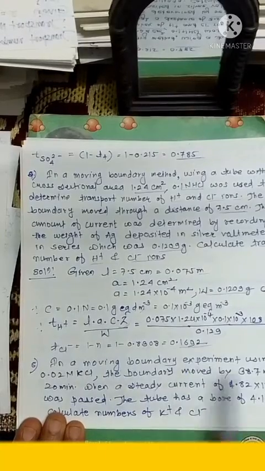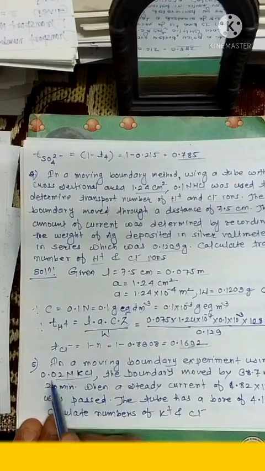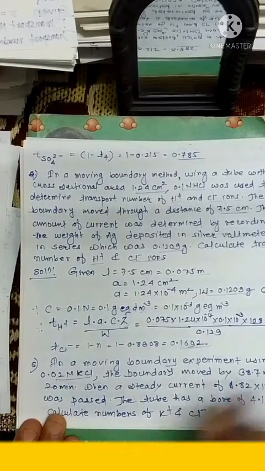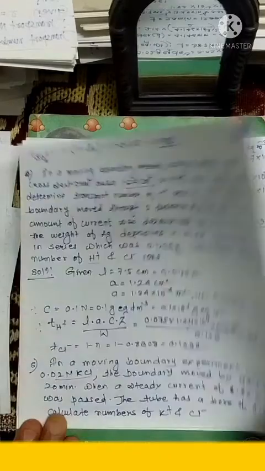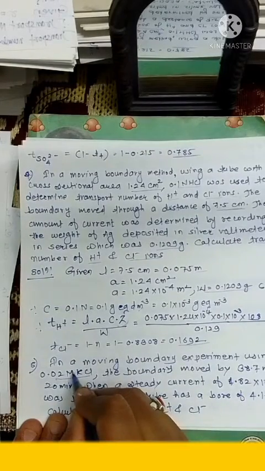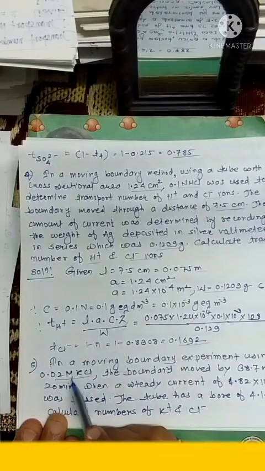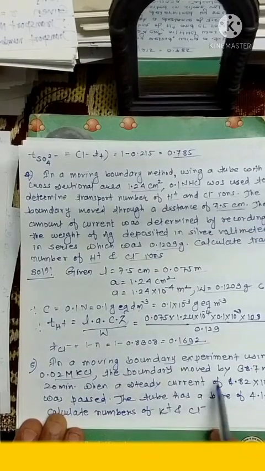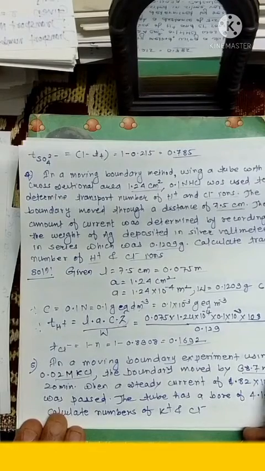In a moving boundary experiment using 0.02 molar KCl, just see here, it is important, here it is normal, here it is molar. The boundary moved by 38.7 millimeter in 20 minutes.